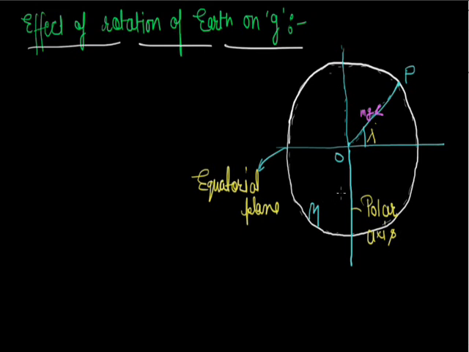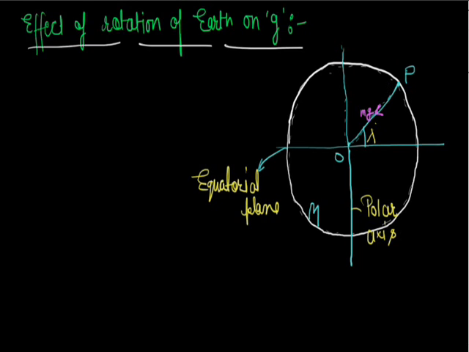But if we assume that Earth is rotating, then every particle lying on its surface also revolves around a horizontal circle with the same angular velocity, suppose it is omega.